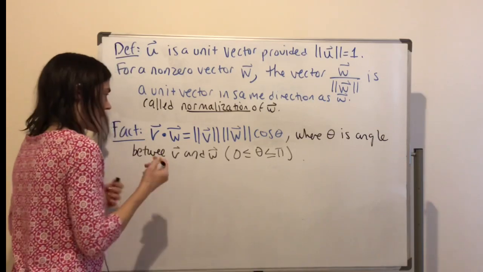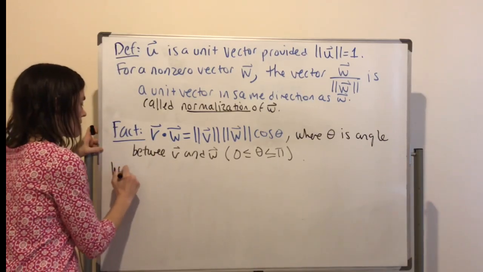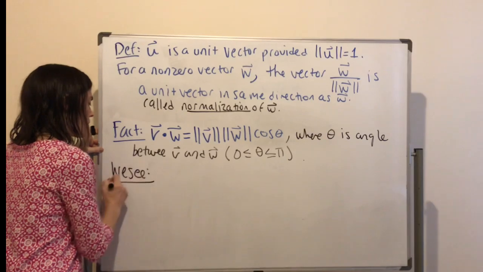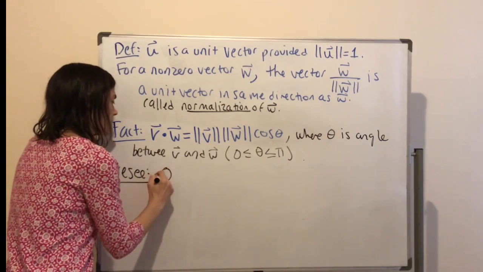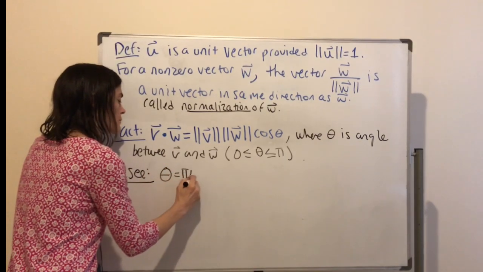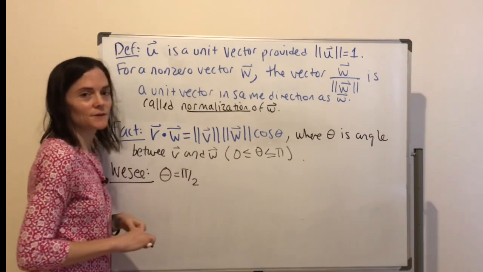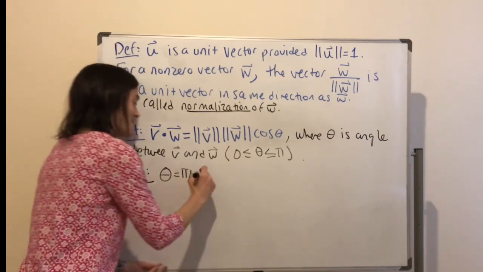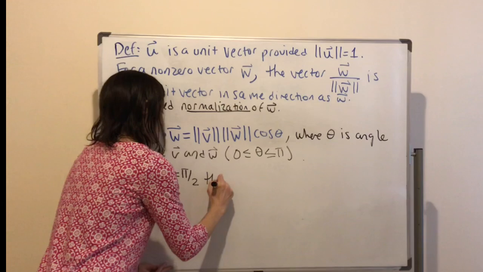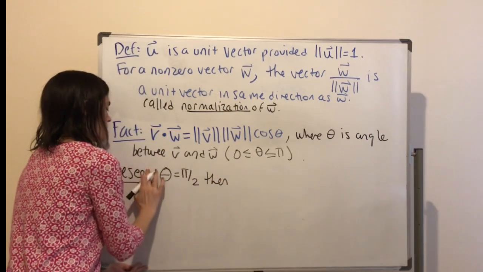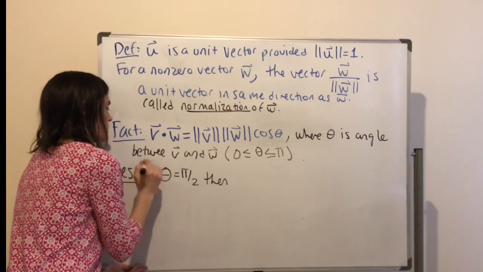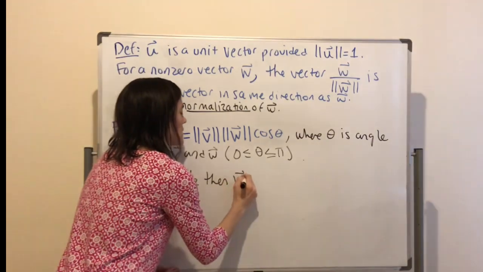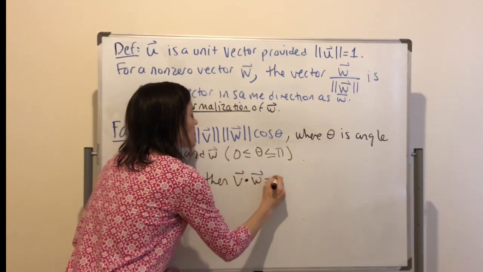is that, so we see that if theta is pi over 2, cosine pi over 2 is 0, then V dot W equals 0.